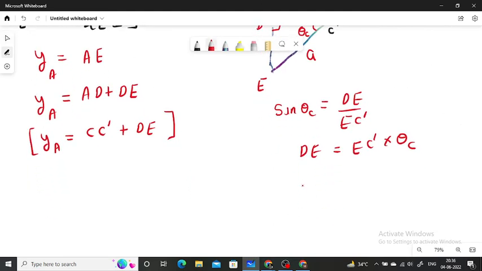So DE is equal to A into WL square upon 2 EI.